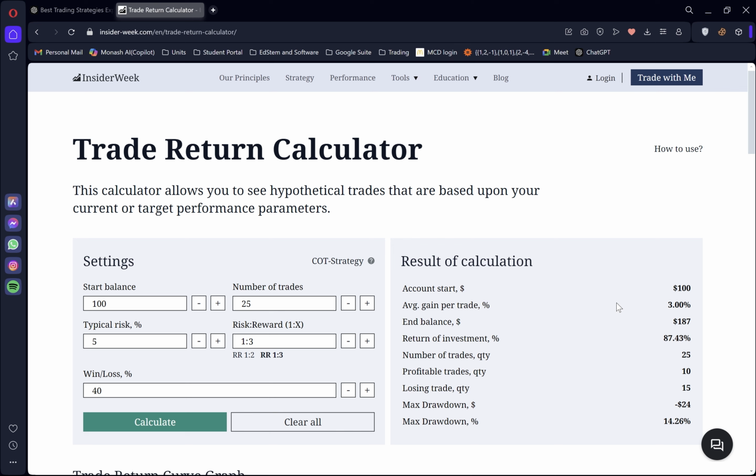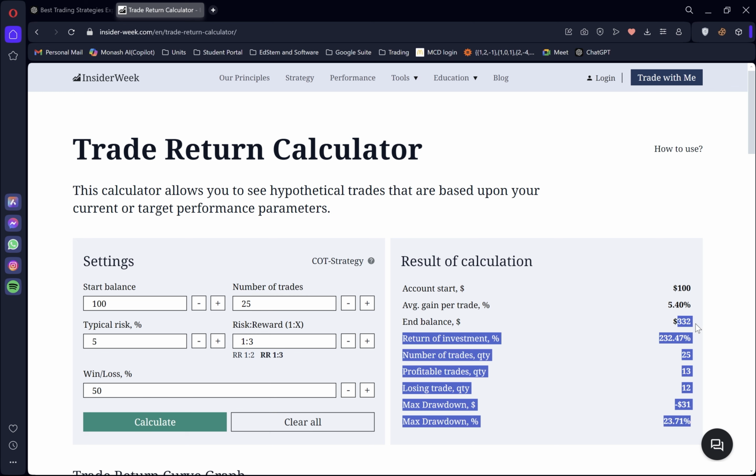So from today onwards, our main target is to have a 1:3. If I have 1:2, it's not going to be that profitable. I'll only make $20. But if I had a 1:3, I'd make 187, and if I had a 50% win to loss, I would make $332.